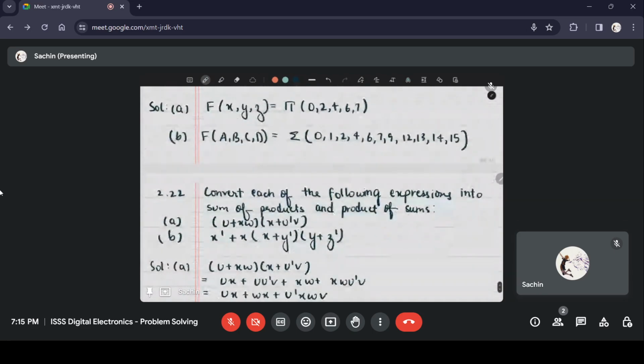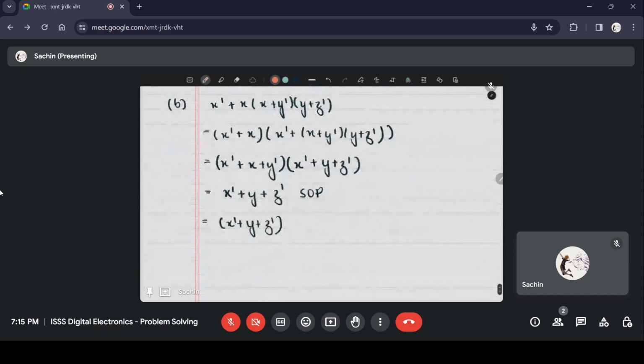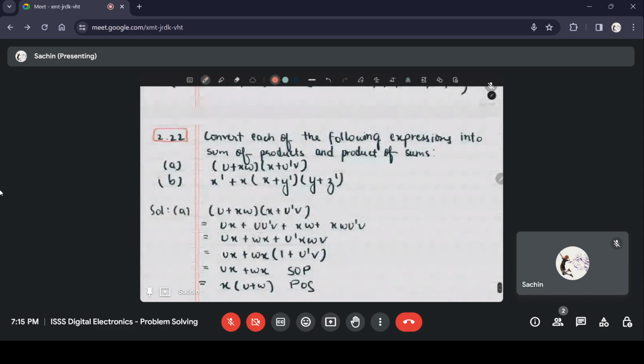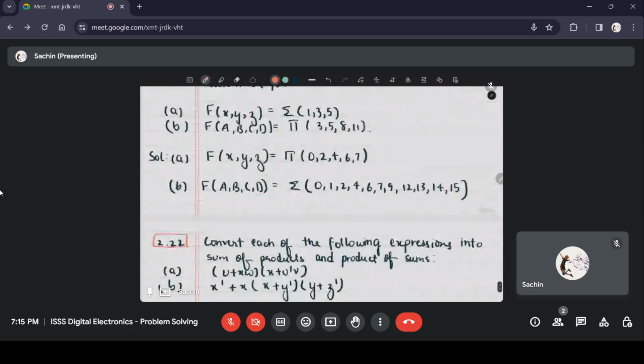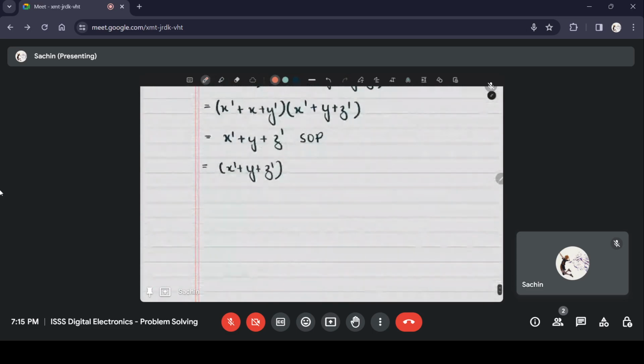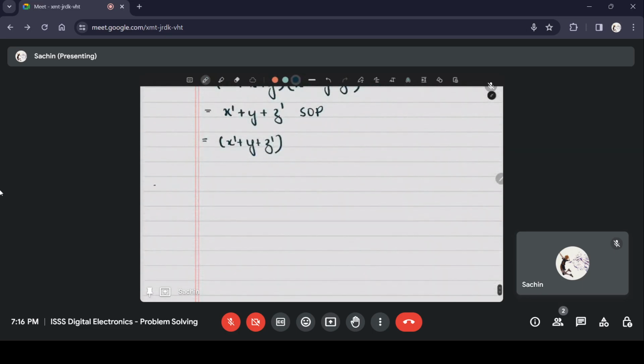Okay, so that's a relatively more interesting problem than the previous problem, so I'll mark it. Problem 2.23.